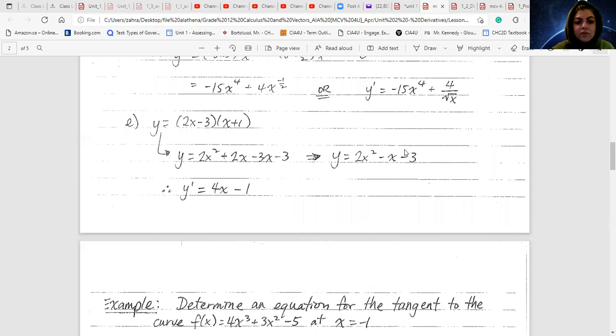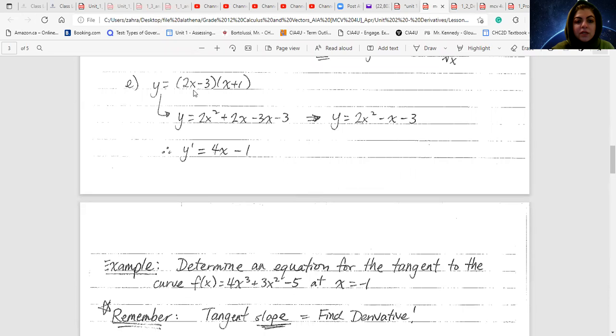Okay, next example. When you have two things multiplied by each other, you can expand it or you can use the product rule. The product rule is coming in the next topic, but right now you don't know that, so you have to expand it. So how to expand it? The first term multiplied by that, this one multiplied by that, and then negative 3 multiplied by x, negative 3 multiplied by 1.